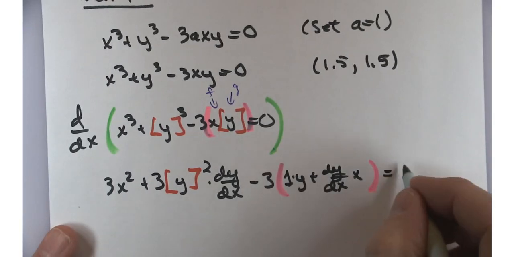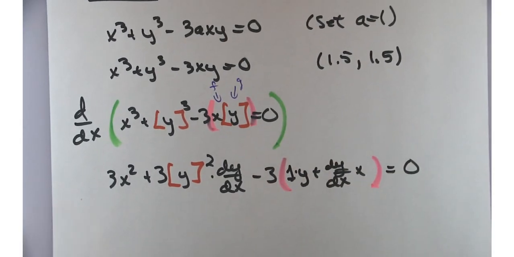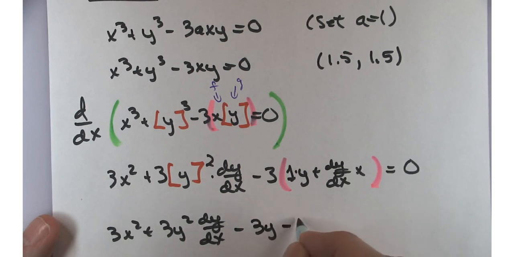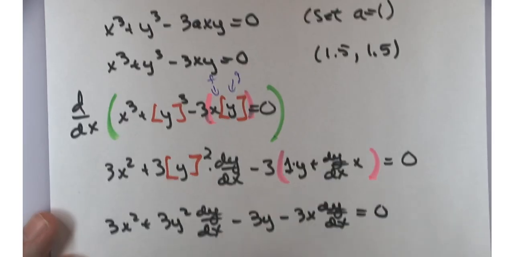And that's going to equal 0. Nice. So let's distribute this and clean things up a little bit. We've got 3x squared plus 3y squared dy by dx minus 3y minus 3x dy by dx equals 0.